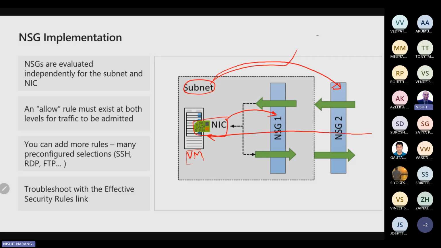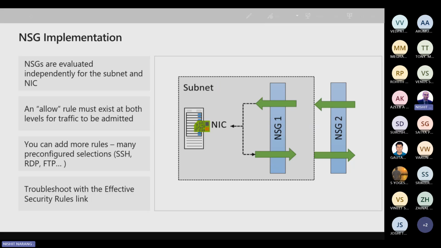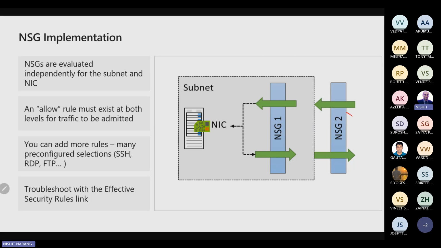First, I will check whether the traffic is allowed to enter that subnet, because that virtual machine is part of that subnet. So I will first check whether NSG2 rules, which are subnet level rules, allow the traffic to pass into the subnet. If yes, then the traffic will enter into the subnet. Second, I will check the NIC card of the VM, which is configured to be part of network security group 1.